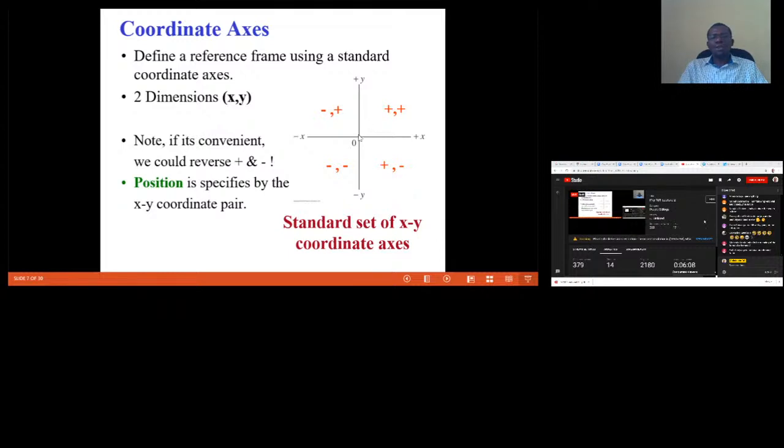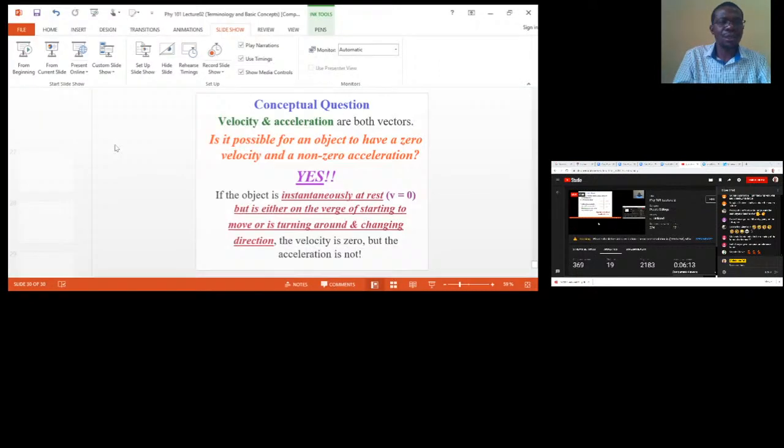So how do you do that? If you have a coordinate axis, then in order to describe the position of anything within this coordinate system, you need to have two coordinates. I think I'll really now need to write something, so let me escape from this presentation mode.